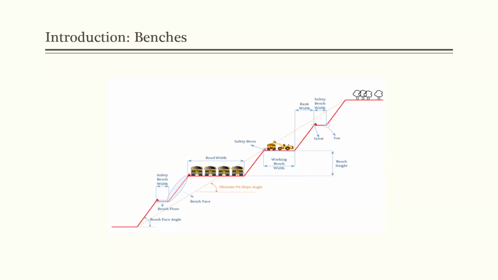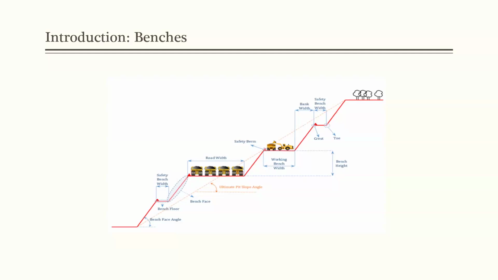You have a bench height, the vertical extent of the bench and the high walls, and then you have a toe, which is the intersection between the high wall and the bench floor, and then you have the bench width.